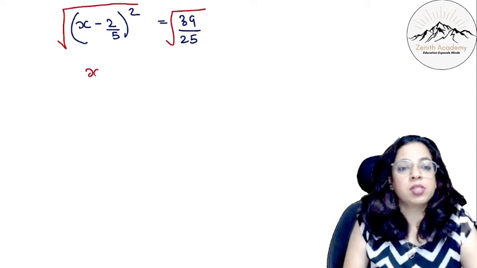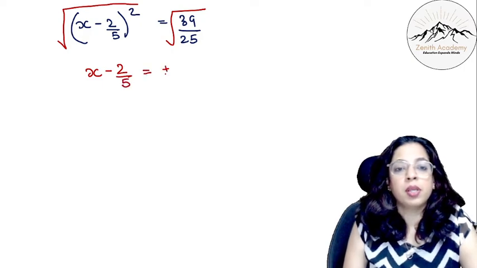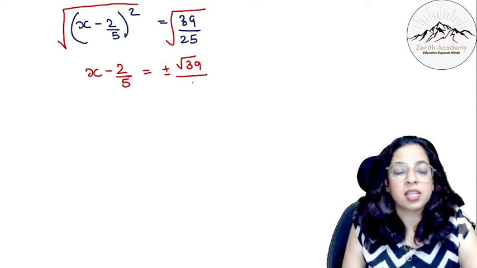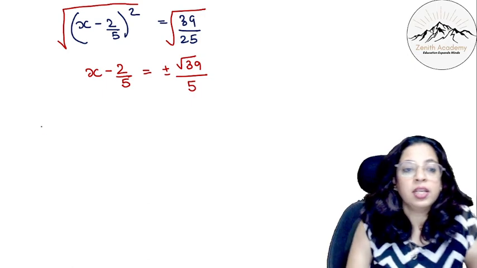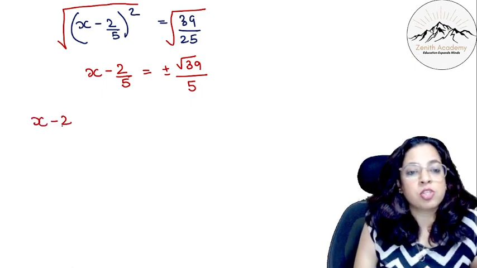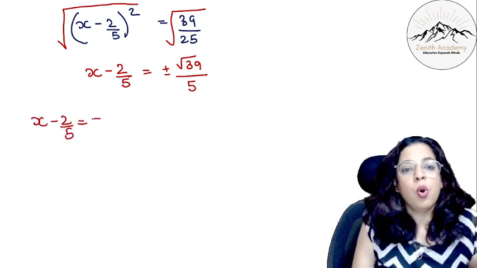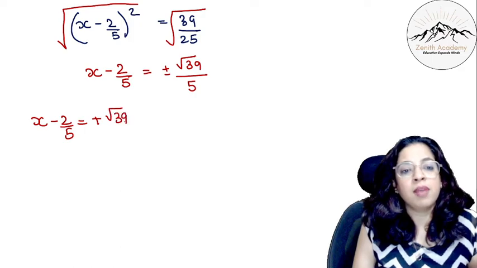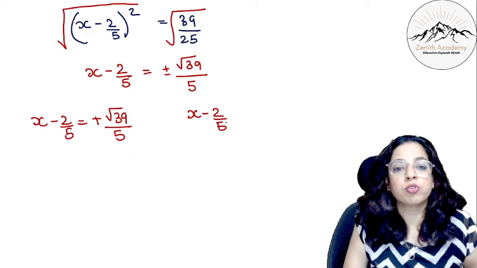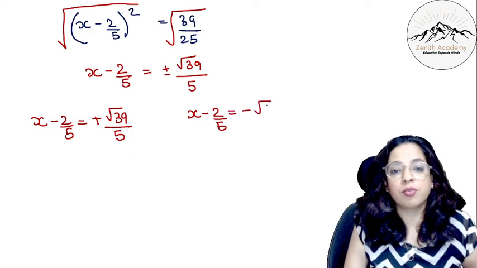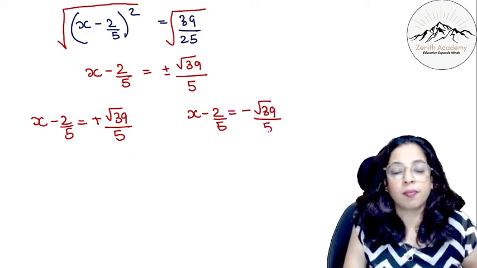So it becomes x minus 2 by 5 is equal to plus minus root 39 remains as it is, and square root of 25 is 5. Right? So we can write x minus 2 by 5 is equal to positive root 39 by 5, and x minus 2 by 5 also becomes equal to negative root 39 by 5.